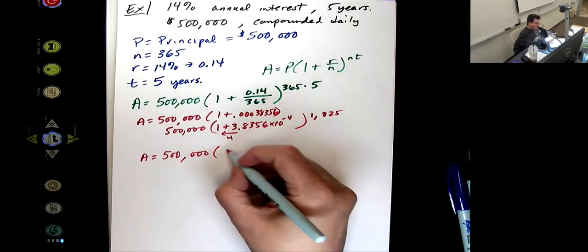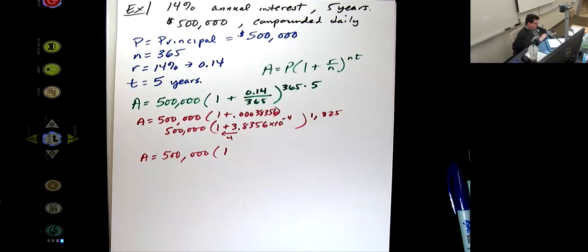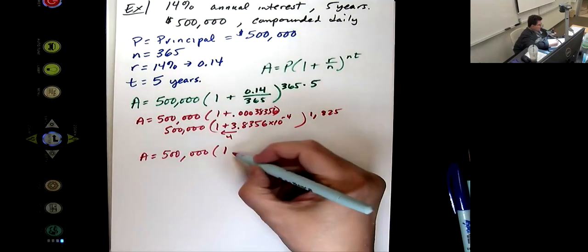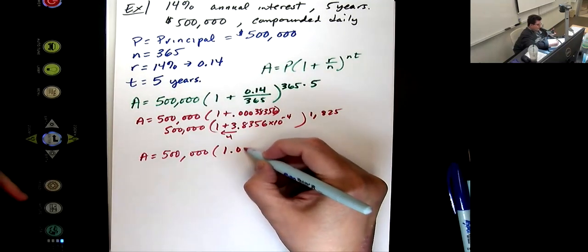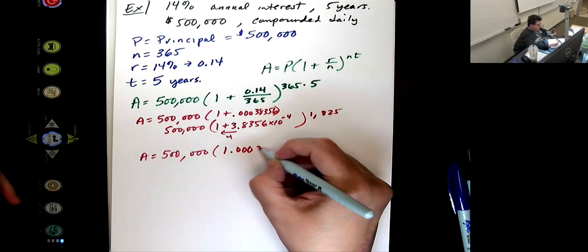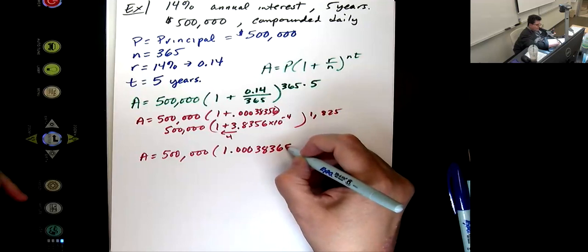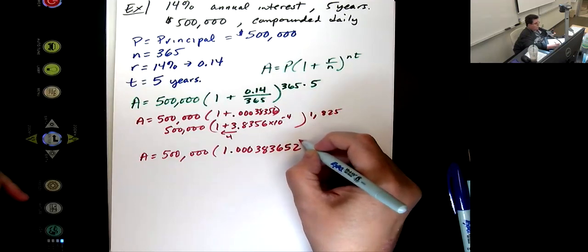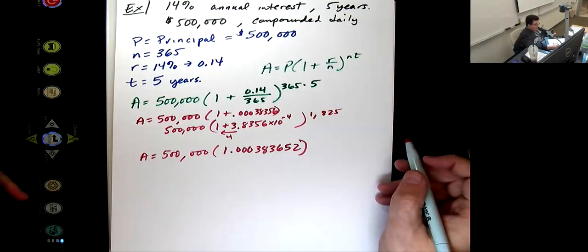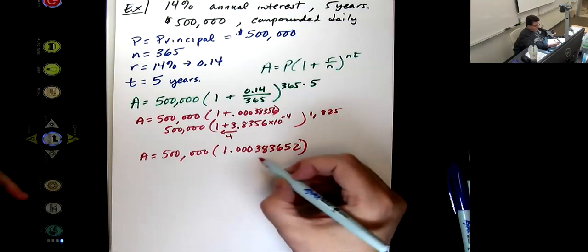So I'm gonna do 1 plus 0.14 divided by 365. And I'm gonna leave it in the calculator with the whole thing because there's some decimals going on here. There's a lot of places here. And if n times t is big enough, we might move that needle a lot and those decimal points are gonna matter.